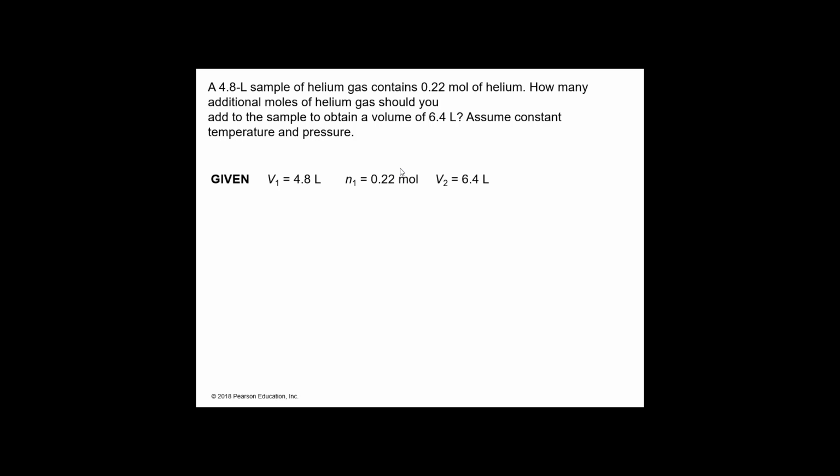I'm introducing this one first because it's not asking for the final conditions. It's asking for how many more moles on top of 0.22 were added. So in the beginning we need to find the final answer, and then subtract the 0.22 moles. We still need to find n2.